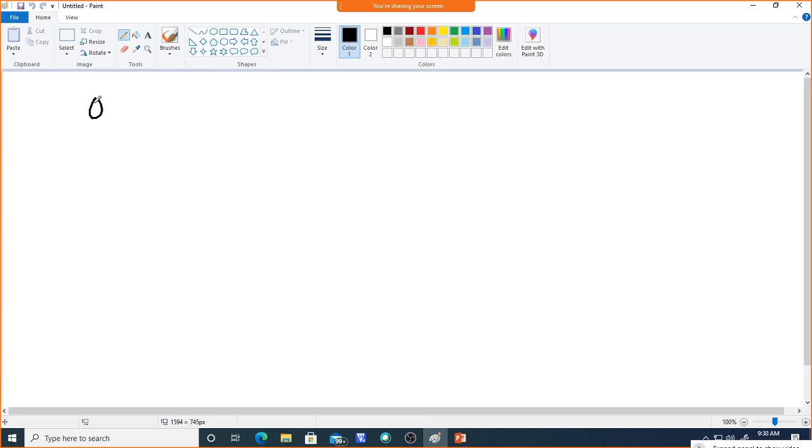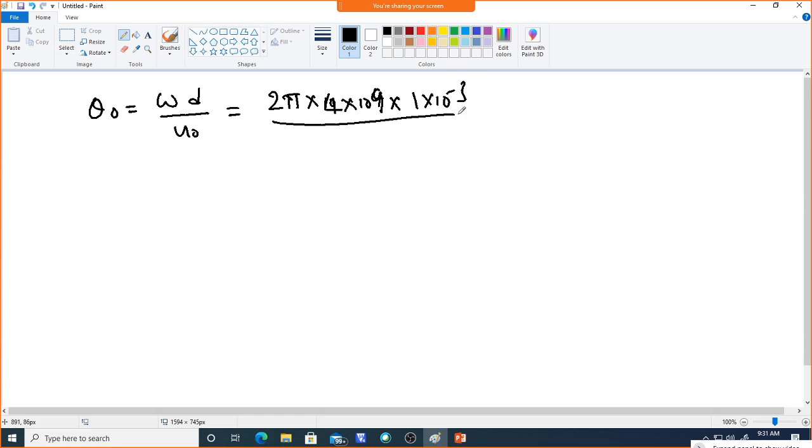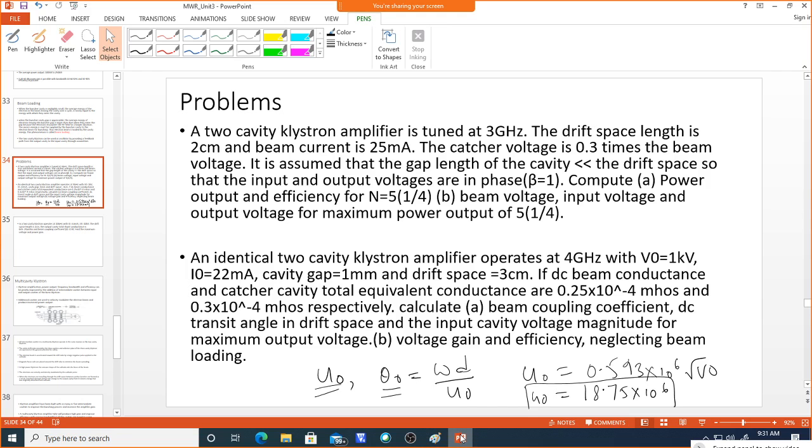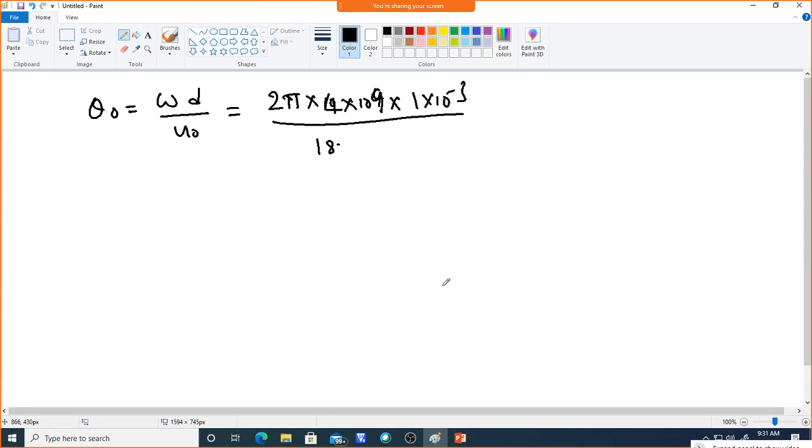So theta naught is equal to omega d by u naught, that is DC beam velocity. This is 2 pi into 4 into 10 power 9, 4 gigahertz, into 1 into 10 power minus 3, 1 mm, divided by 18.75 into 10 power 6, the DC beam velocity we got.